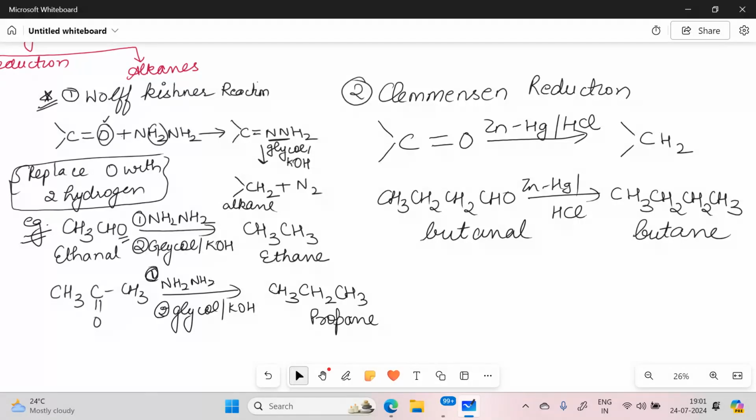There are two reactions under that, Wolff-Kishner and Clemmensen reduction. In both reactions, reactants and products are the same, only the reagent is different. In Wolff-Kishner, hydrazine followed by glycol and KOH. In Clemmensen, zinc amalgam and HCl. Sometimes in MCQ, they can ask which gas is liberated in the Wolff-Kishner reaction? That is nitrogen gas, N2.